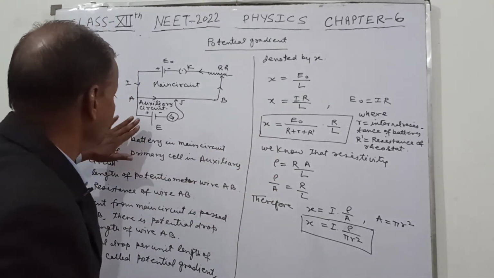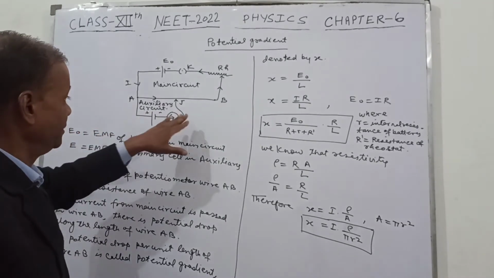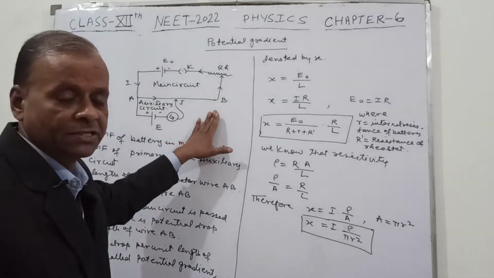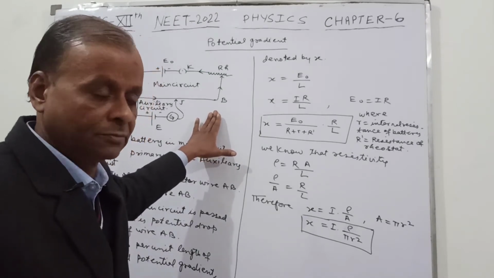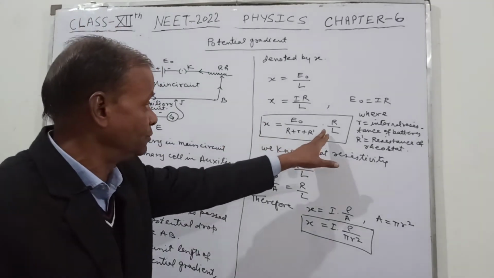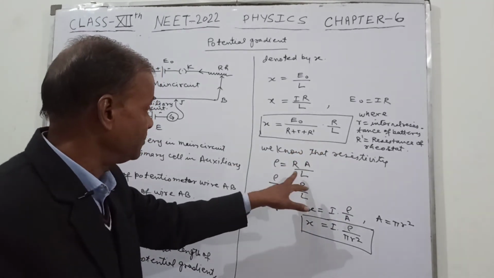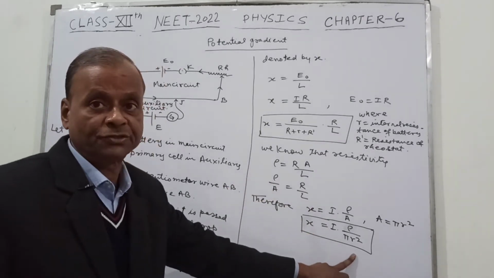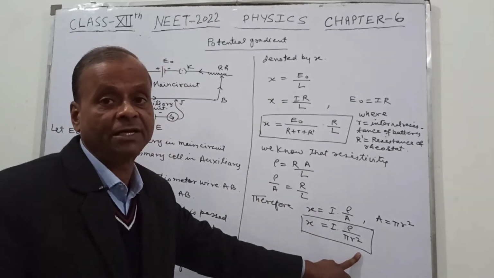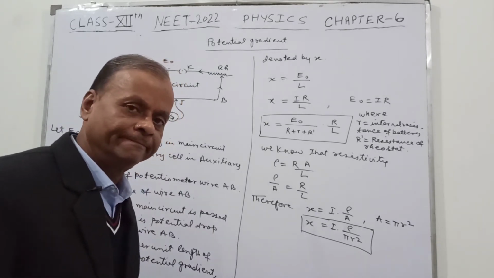Here there is no concern with the auxiliary circuit, because we have to take only the potential gradient which is associated with the main circuit. So we are using the notations of the main circuit. Here rho upon A, where A is the area of cross section of the wire, is equal to pi r square. So what are the conclusions of this one?